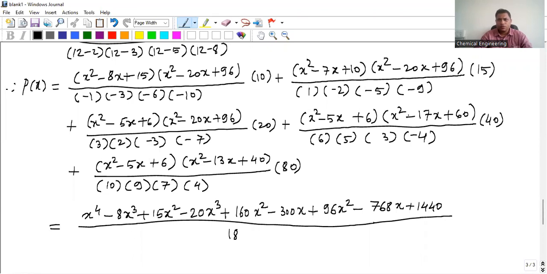Now think of the next term. So we have to think of this term. So we can have plus. It will come minus. We have x raised to 4 minus 8x cube. No, sir. The plus which you wrote now will be minus.